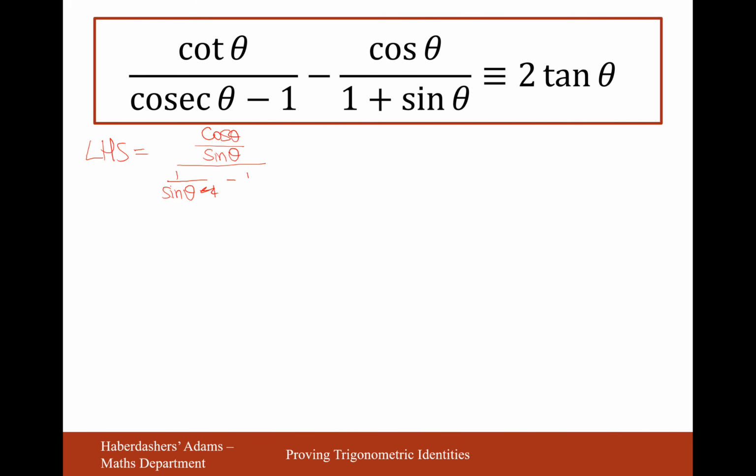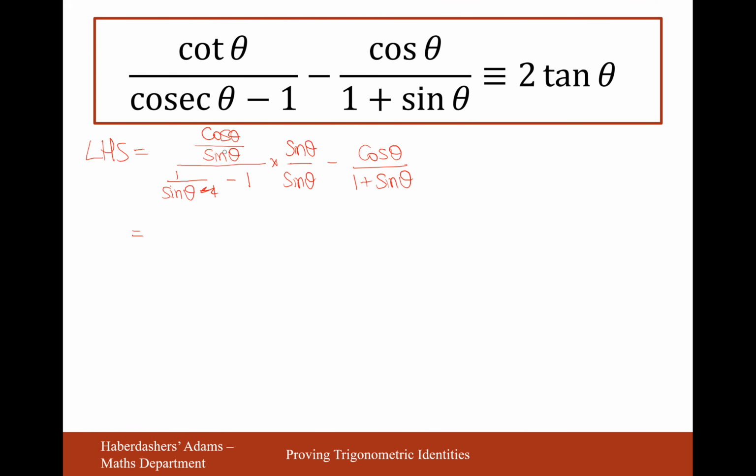So what I'm going to do to this one here, very similar to the last one, is multiply top and bottom by sine theta, because I can see there are denominators of sine theta on the top and the bottom, which will cancel them out. And then the right hand fraction will be cos theta over 1 plus sine theta.